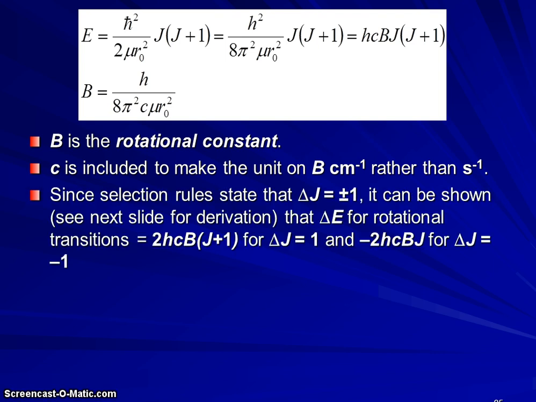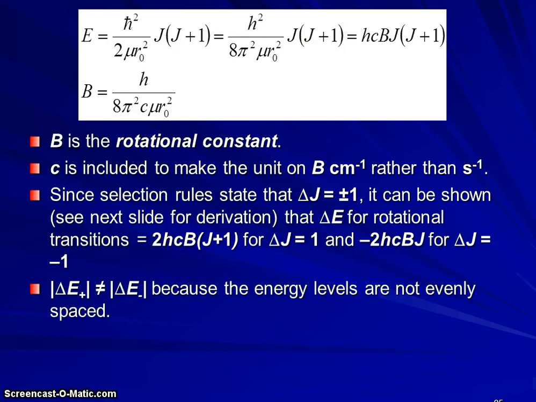And since the selection rules state that delta J has to be plus or minus 1, it can be shown, and we'll show this on the next slide all in one shot real quickly for the derivation, that delta E for rotational transitions is 2 times h times speed of light times B times J plus 1 for upward rotational transitions, and for downward rotational transitions it's minus 2 h c B J. And like I said, we'll show that on the next slide.